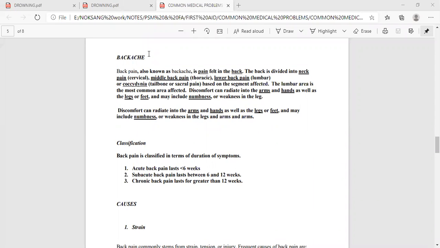Write down backache. Backache means what? Do you know what is backache? In simple words, what do you understand by backache?